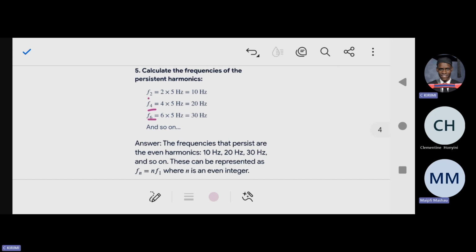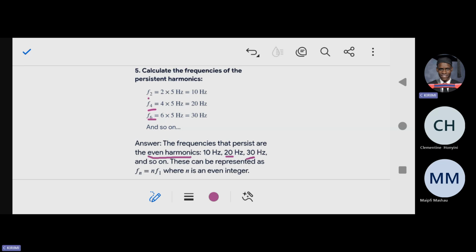No. So the frequencies that persist, which means they keep on repeating, or frequencies that will never stop, these are even harmonics. So 5 times 2, 10. 5 times 4, 20. 5 times 6, 30, and so on.